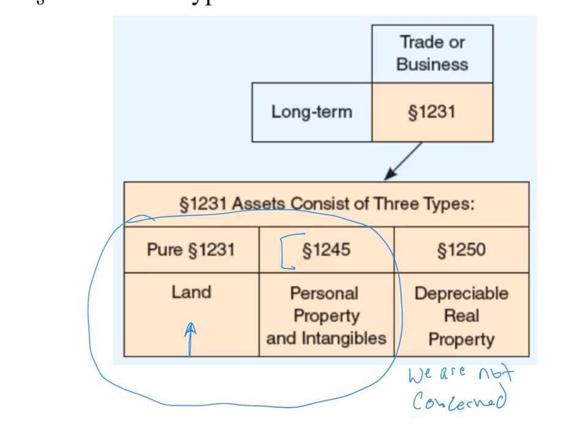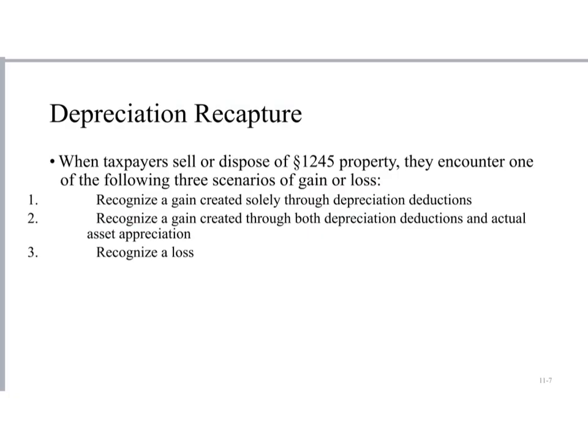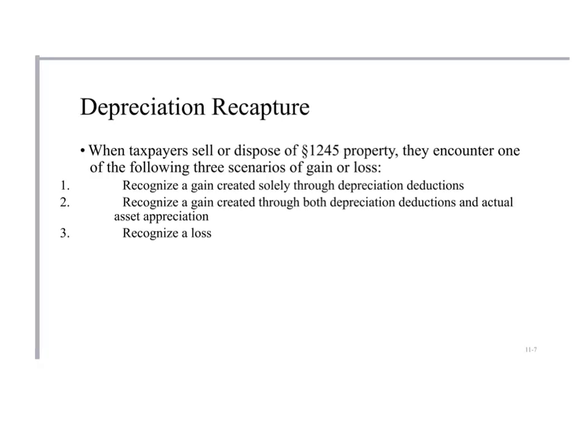All right, so now let's talk about why we care, okay? All right, so when you sell or dispose of 1245 property, so this is personal property, you encounter one of three scenarios, okay?